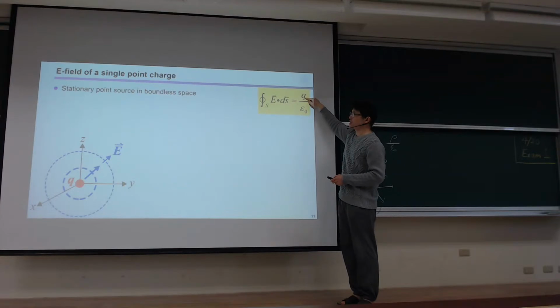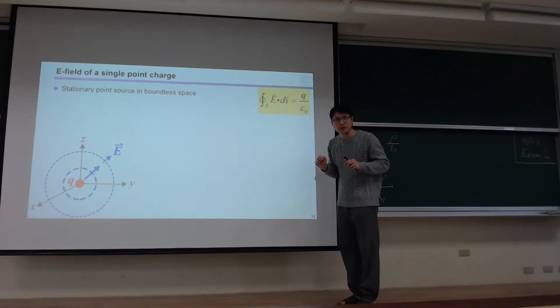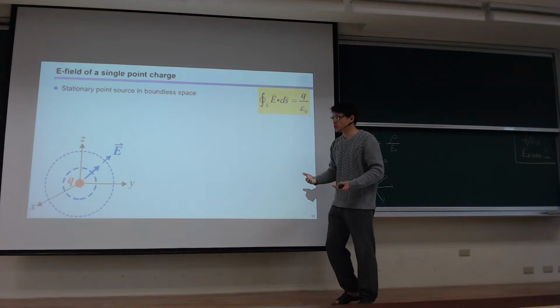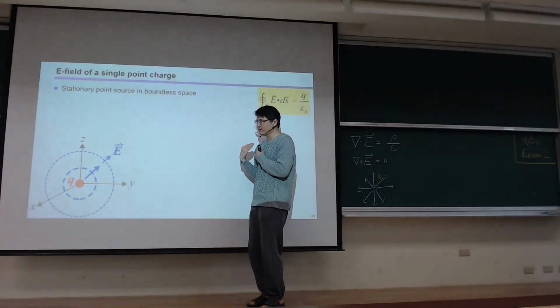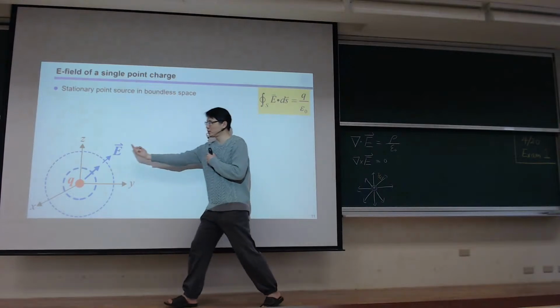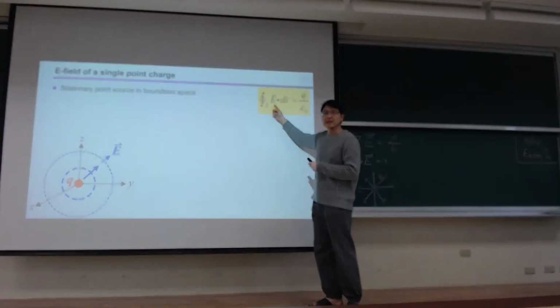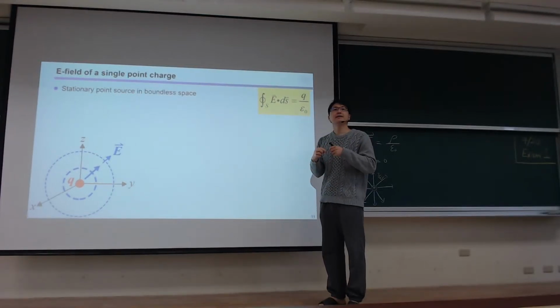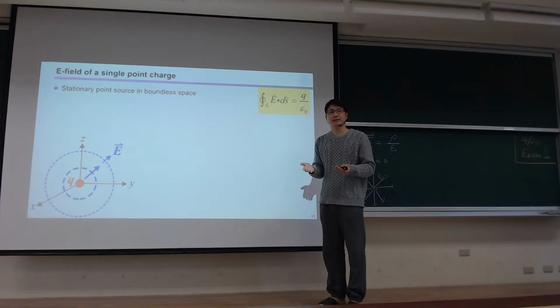Even though the charge remains unchanged, the field intensity, its amplitude, will change as a function of the distance from myself, an observer, to the point charge. So this E must be a function of distance. And that's what we're going to find out.